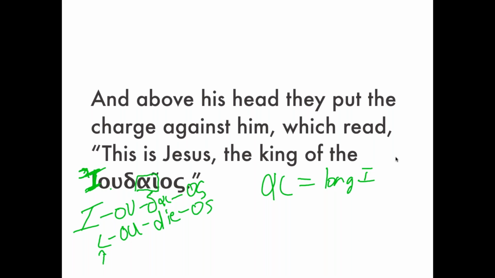So it's kind of a funny word. It is somewhat indeclinable. So it can be an adjective. It can describe somebody who's Jewish, or if you use it as a noun, it can mean someone who is a Jew.